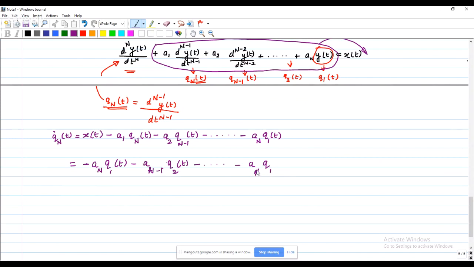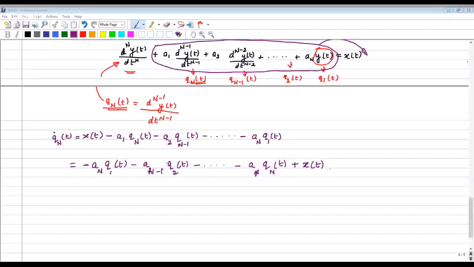I'm extremely sorry, this will be a1 qn of t. And the last left out term is plus x of t. Agreed? This will be my last equation. Now you understood the last equation? Is it fine? Please reply fast so that we can go ahead.